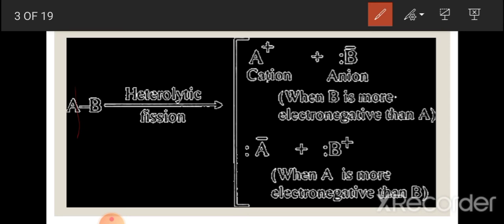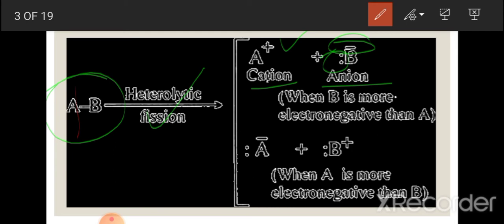Suppose this AB, A bond B, is going through heterolytic fission. Cation and anion are being formed. B has taken both the electrons and acquired the negative charge. Why? Because B is more electronegative than A.